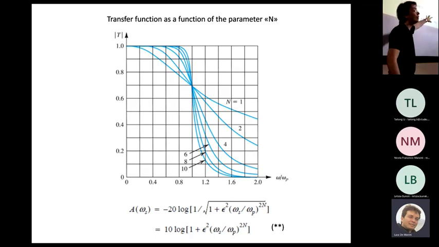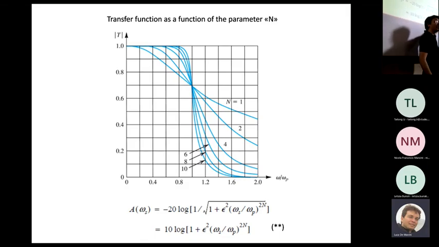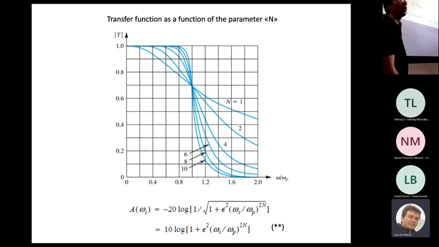Okay? In this formula, all the parameters are predefined. Omega sub s is a parameter given by the specification. Omega sub p is given also by the specification. Parameter epsilon is taken from the previous calculation. The only parameter which is unknown is the order of the filter n. And you select n as the first one which determines an attenuation larger than the specification.